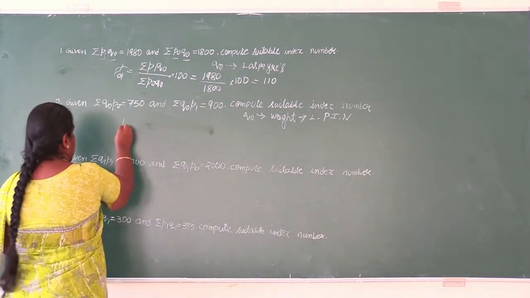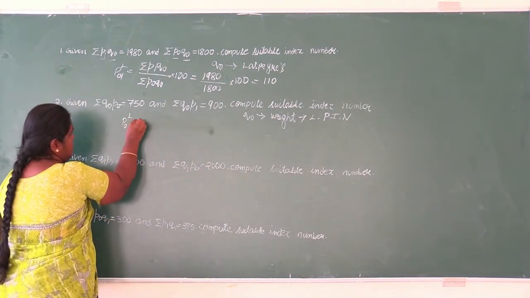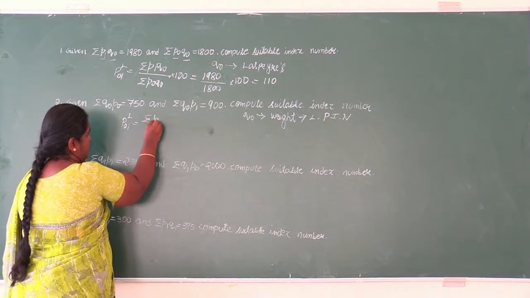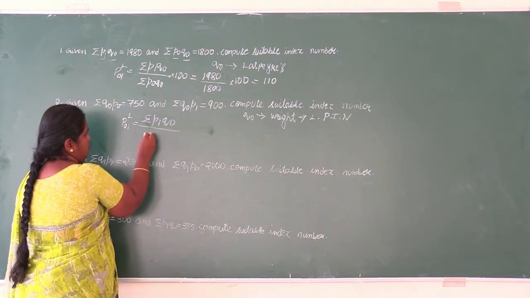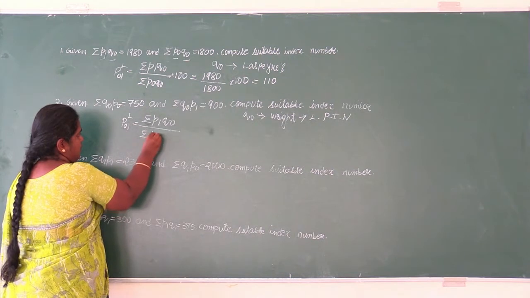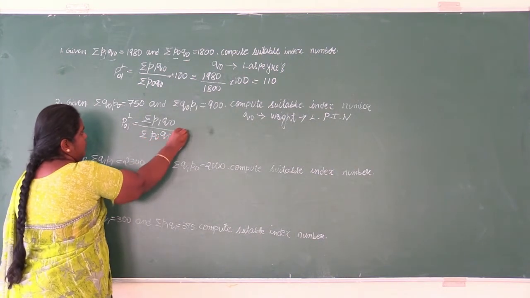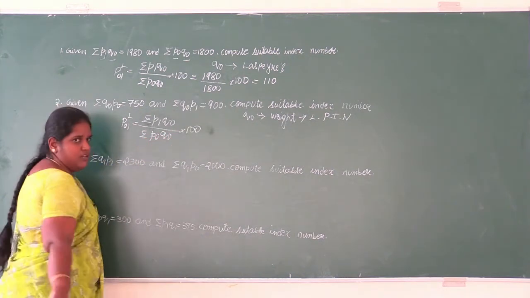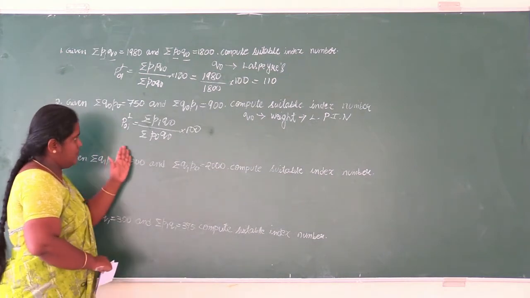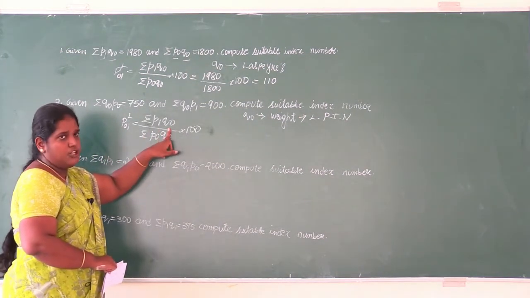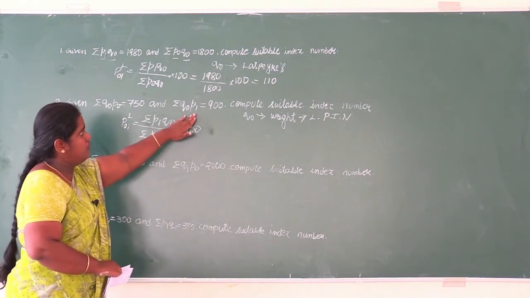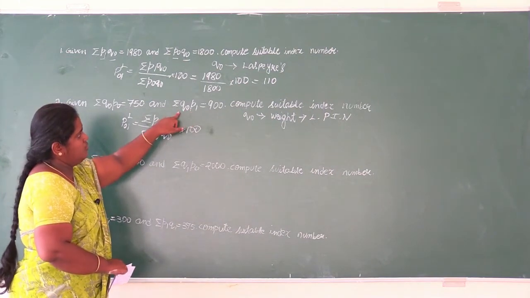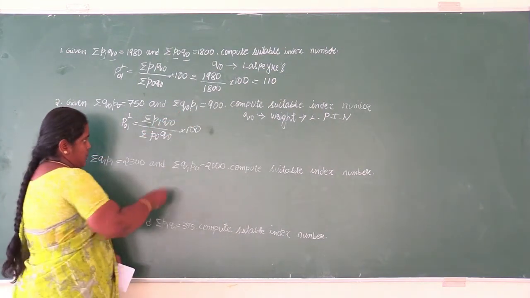So use the formula of last year's price index number, which is sigma P1 Q0 divided by sigma P0 Q0 into 100. They have given here in terms of quantity first. Since we need P1 Q0, read it from the other side. So P1 Q0 is 900.